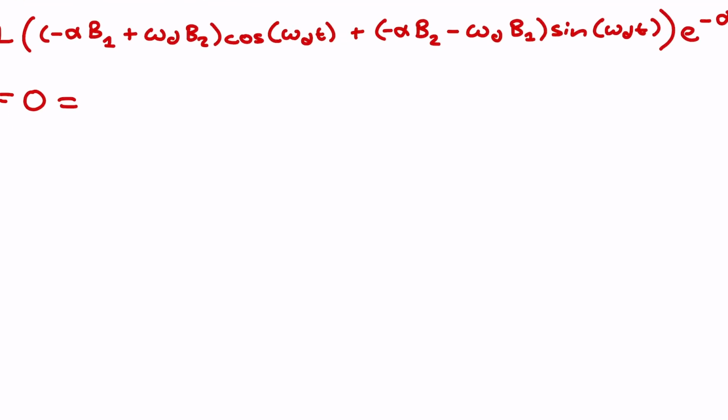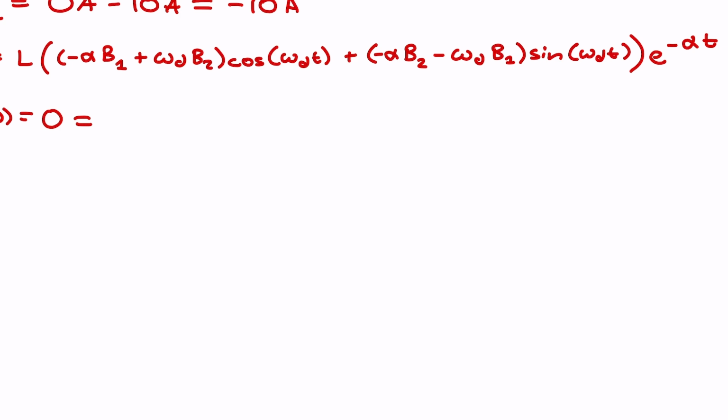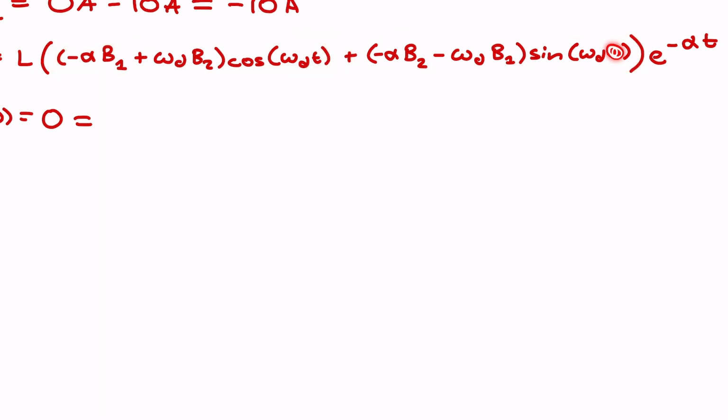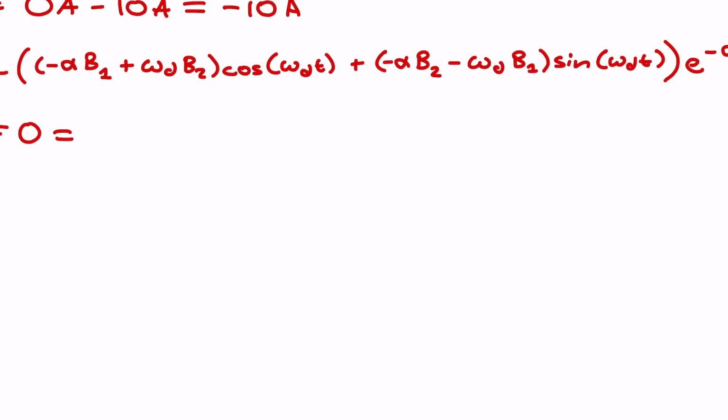Here's the thing. It's a big equation. We don't have to write this entire thing down, though, because let's think about this logically. All right, we have two boxes over here. This is the cosine, and this is the sine. We're at time equals 0, right? So this sine is going to go to 0, which means this whole thing is also going to go to 0. So we can literally just get rid of this for a second.